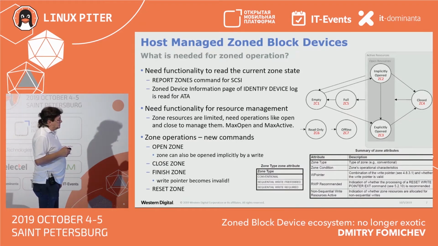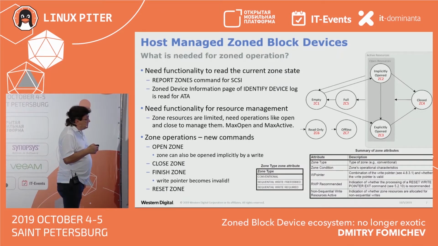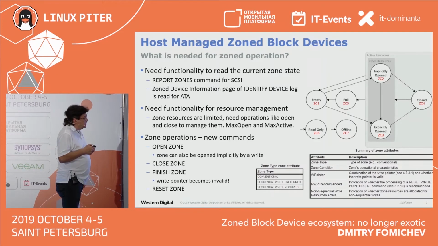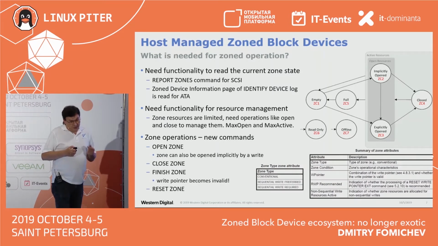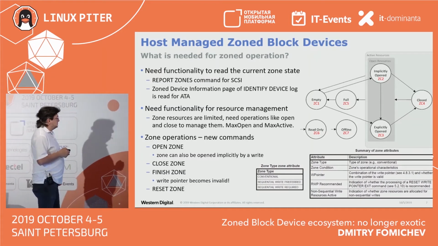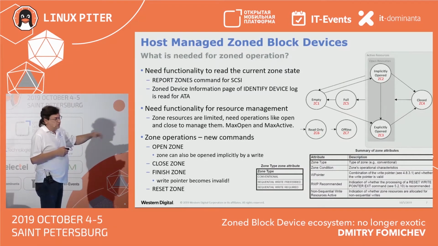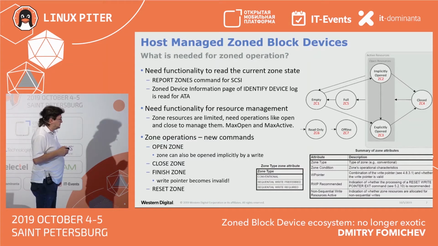So this is the state diagram that is taken from the standard. Initially the zone is empty, and it can be either implicitly or explicitly opened. Implicitly opened is just by doing a write to the zone. It goes to open state. And then it can be closed, or it can become full. At that point, we can just reset the write pointer and it goes back to empty. So there are some zone operations: open, close, finish zone. Finish zone just moves the zone to full state.